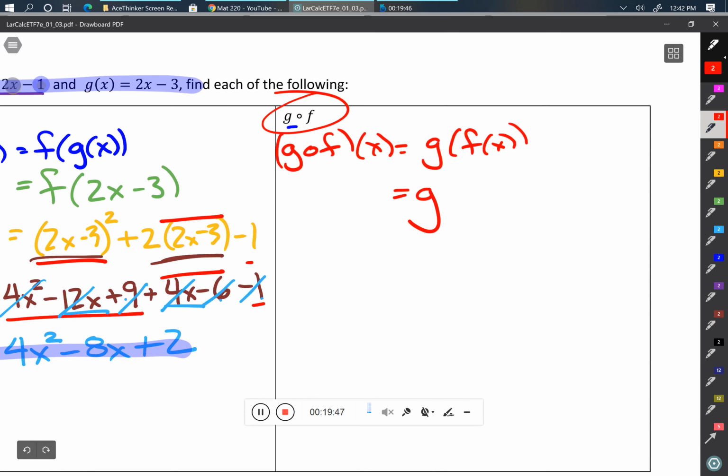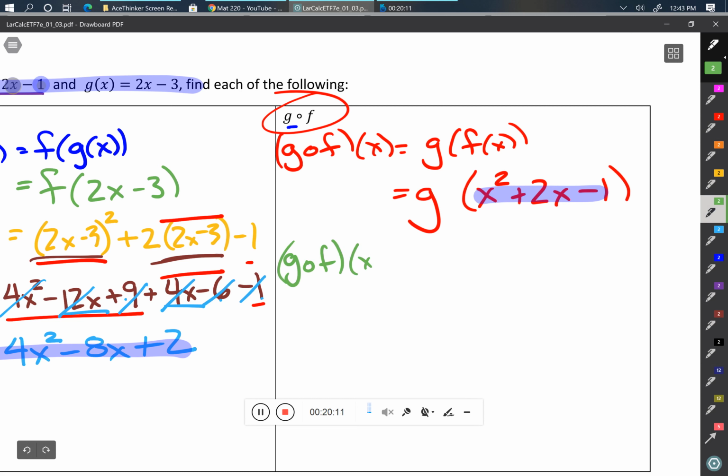So that's going to give me g of x squared plus 2x minus 1. Now what does g say to do? Well, the g function says take whatever's in the parentheses, multiply it by 2, and subtract 3. So since this is what's in the parentheses, it needs to get multiplied by 2 and then have 3 subtracted from it.